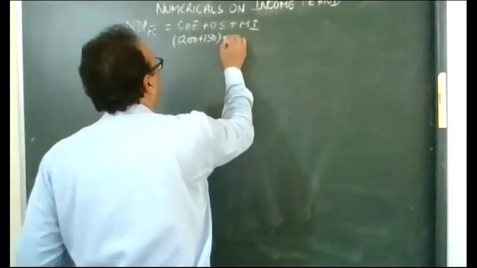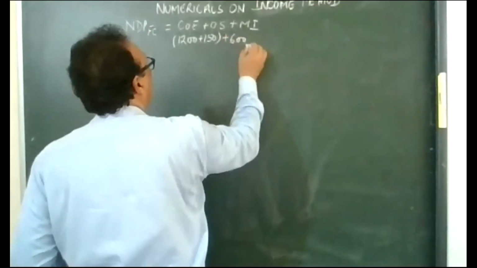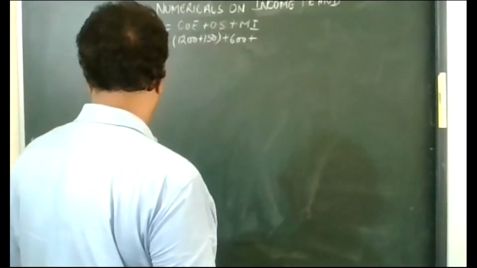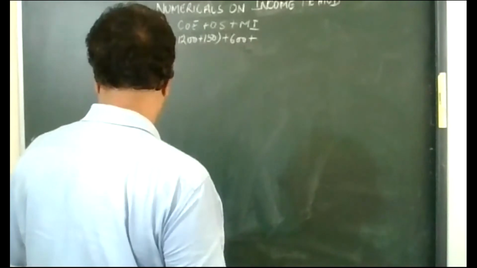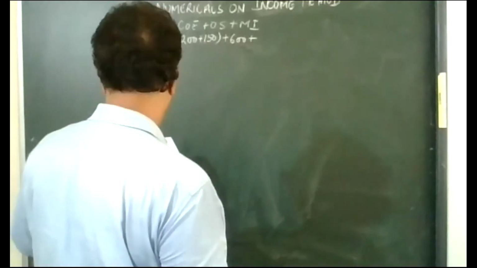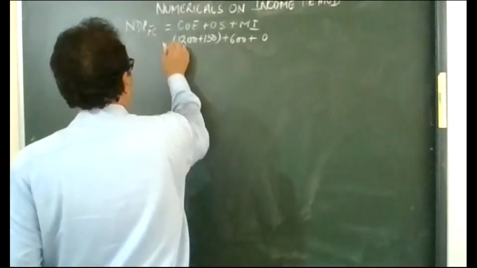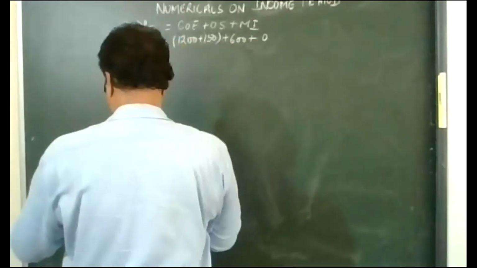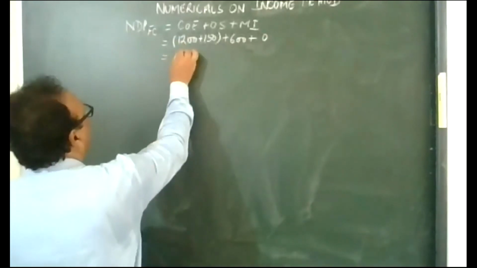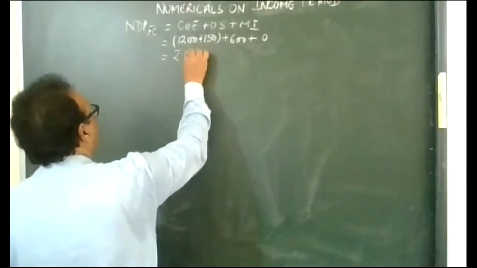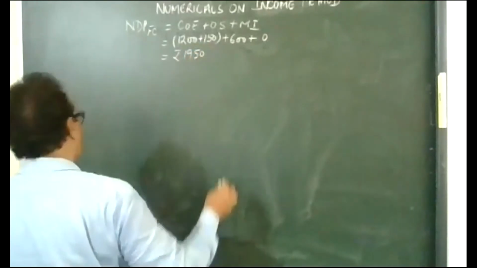We will take it directly, plus 600, plus mixed income. Mixed income is not given anyway, so we put a zero here. Now adding them all up, we will get 1950 crores.